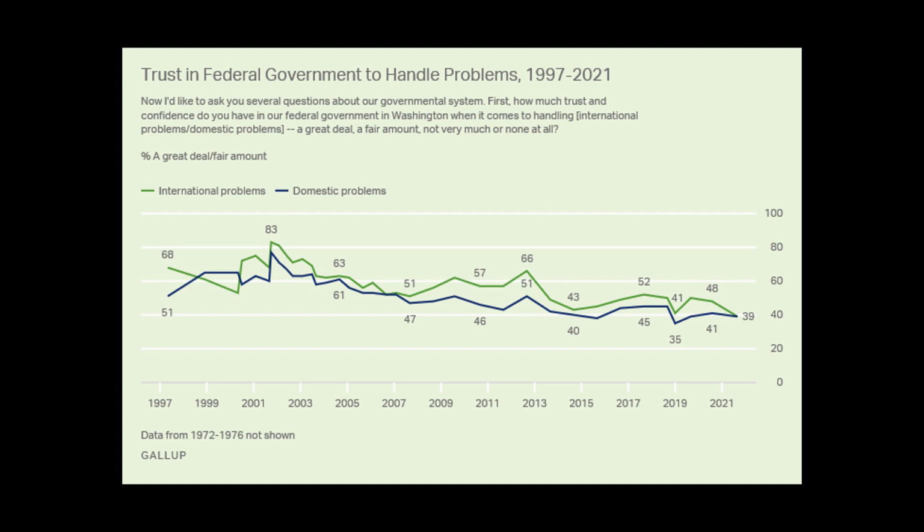So we have to ask ourselves, when a majority, right, when 60% of Americans don't trust the government to do what's right, they don't trust the government to handle problems, how can a democracy function? How can it do its job when Americans overwhelmingly don't trust in its ability to get things done? And what kind of impact does that have on the policies we support or the types of candidates we support? So again, lots of potential prompts and ideas for you to consider in the discussion board this week.